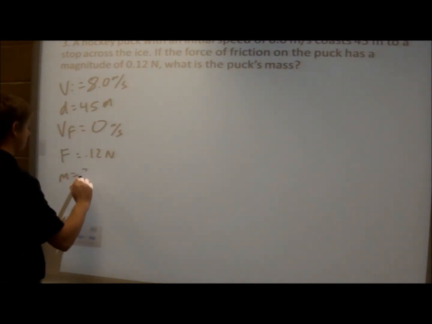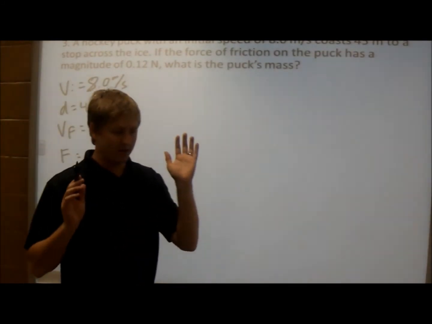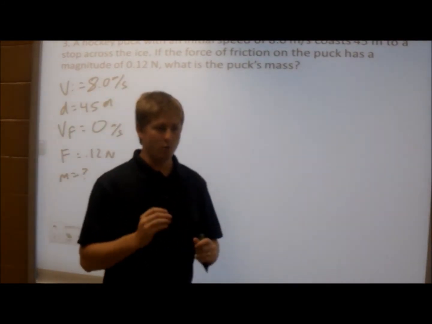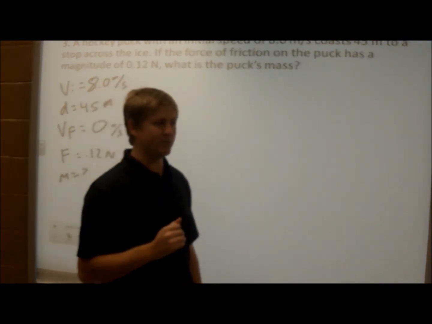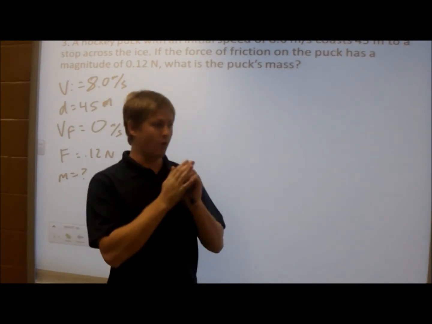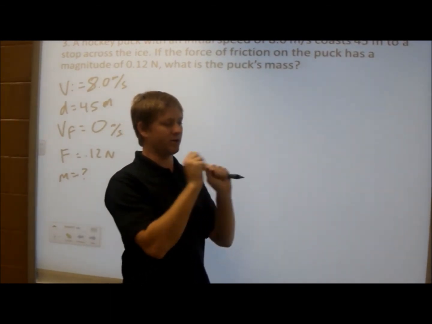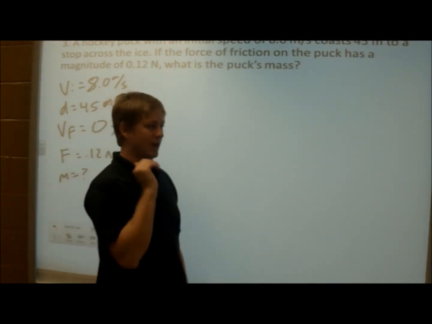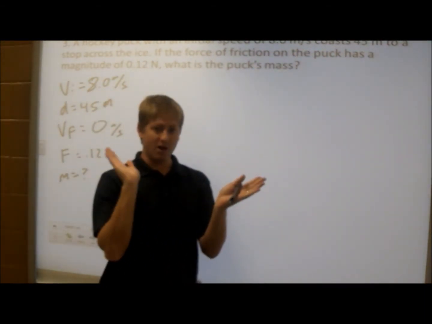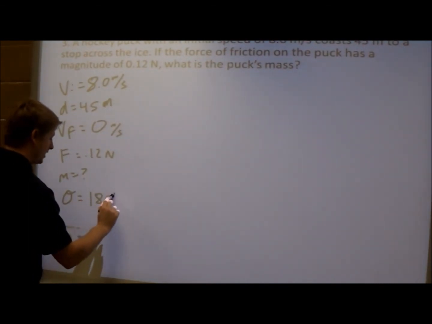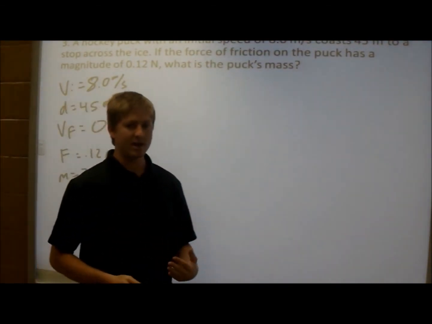Mass equals question mark. Now, you're already thinking, if this thing's slowing down, force and distance have to be in the same direction. Well, yes. What is our direction? If our direction is going that way and our force is going this way, what's our angle? This and this, that's 180 degrees. So theta equals 180 degrees.